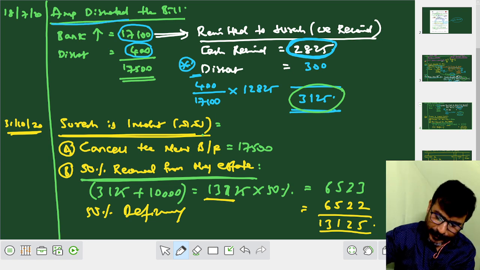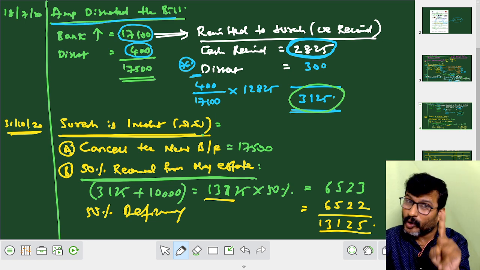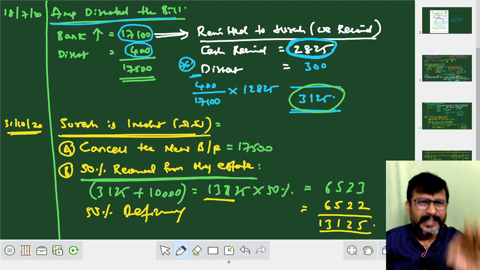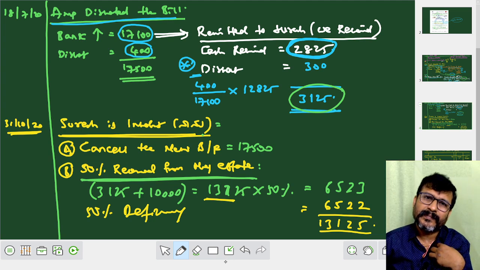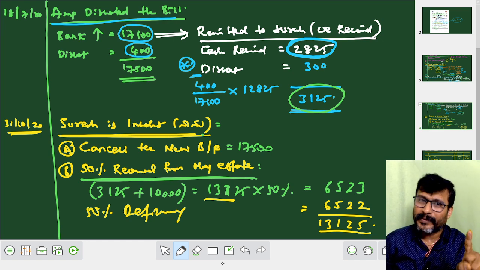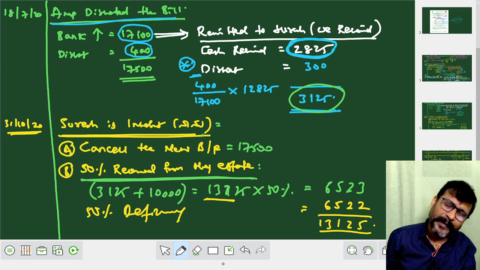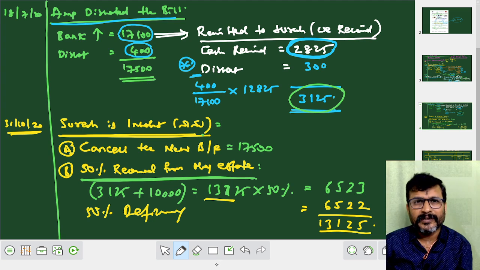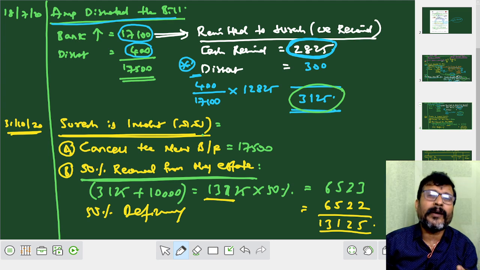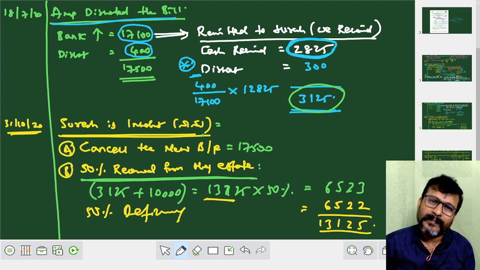Anup discounted the bill. Who discounted the bill? Anup. When Anup discounted, did anything happen to Suresh? Please remember, who discounted the bill? It is Anup. When Anup discounted a bill, no entry for Suresh. To take a small example, your neighbor made some sweets, what happened to you? Nothing happened.